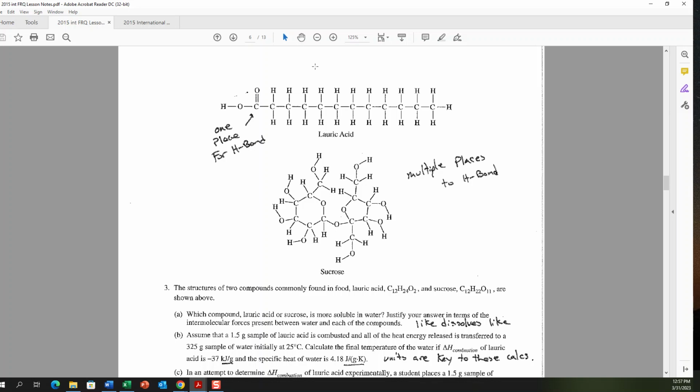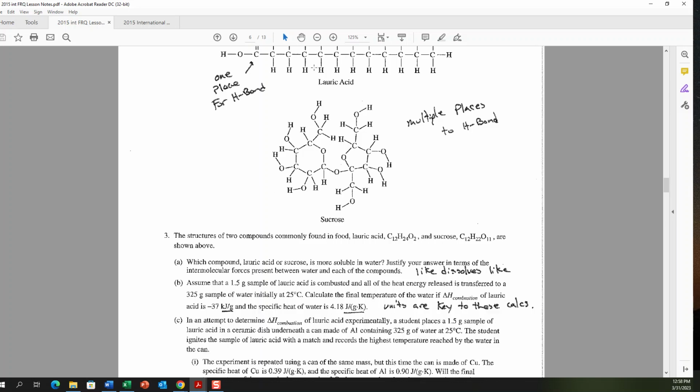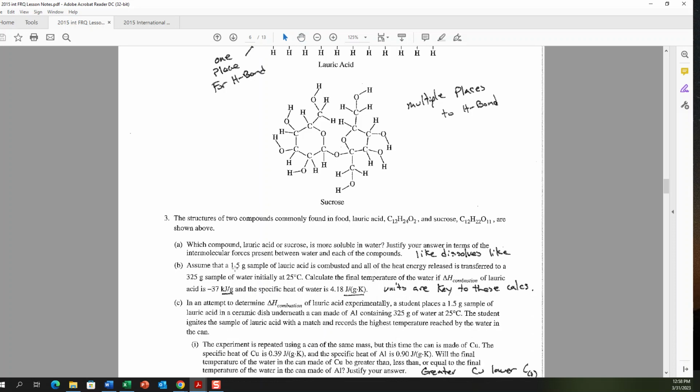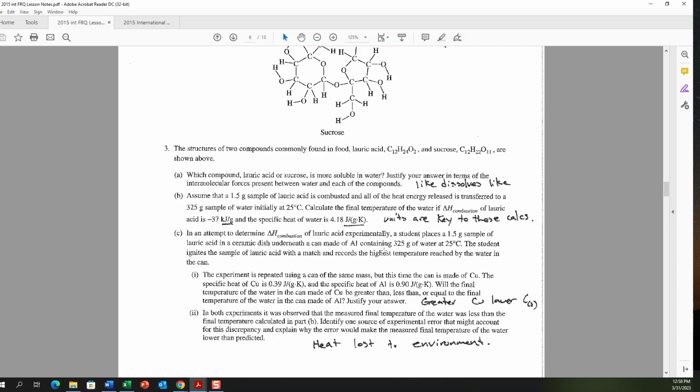Just things to look out for when given something like this. So it gives us the structures of these two compounds and says which compound, lauric acid or sucrose, is more soluble in water. Okay, so this question is asking more of, it's not about boiling points or strength of IMFs.